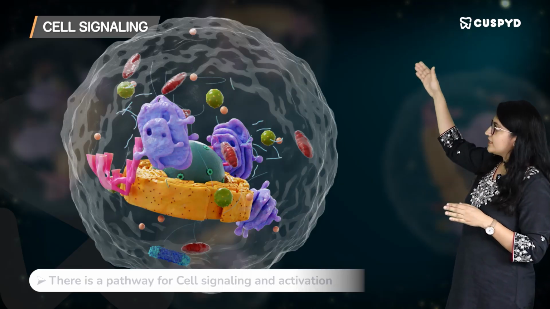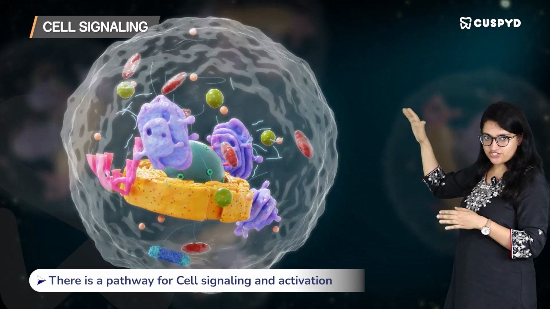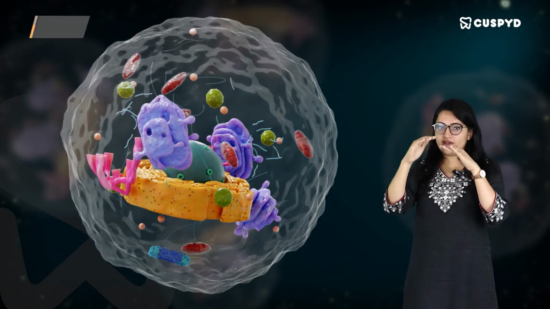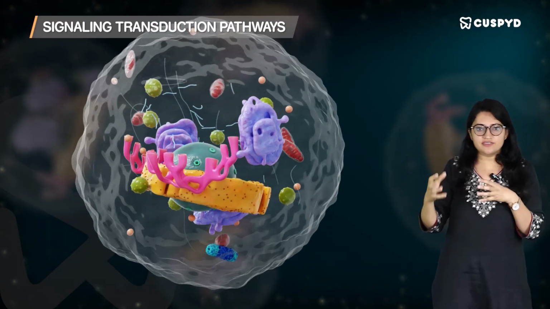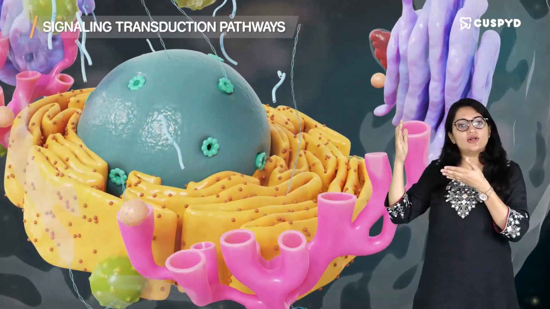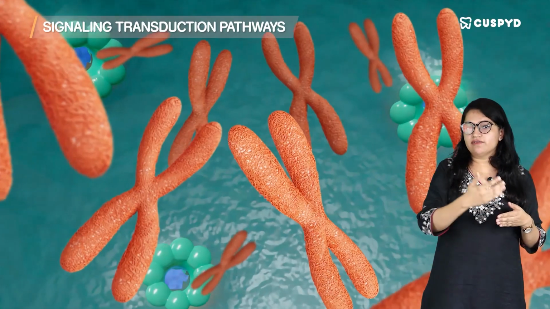So there is a pathway of cell signaling and there is a pathway for cell activation. So after the cell activation, you have signal transduction pathways. And all the signals, that means all the activation signals, now your cell has to wake up from sleep and act. All these signals will be taken to your nucleus, to the level of your DNA.